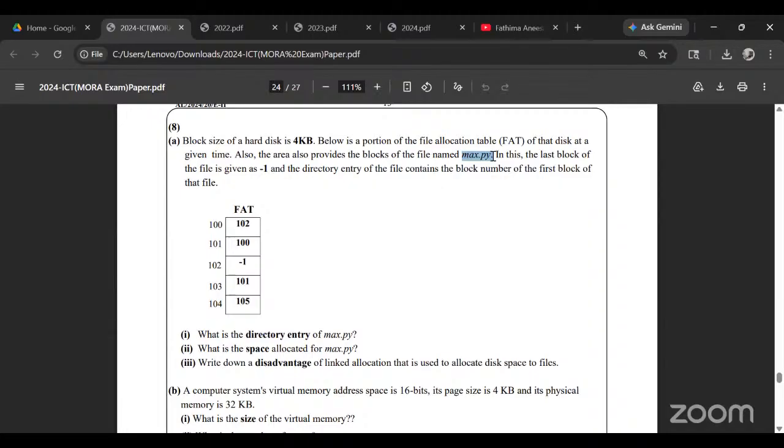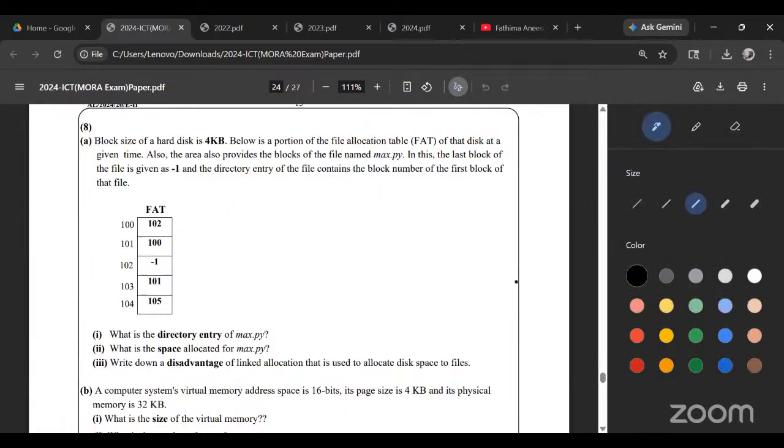So in this question they said the last block of the file is given as -1, and the directory entry of the file contains the block number of the first block of that file, right? So the directory entry of max.py is the starting block number. So look how we will find it.